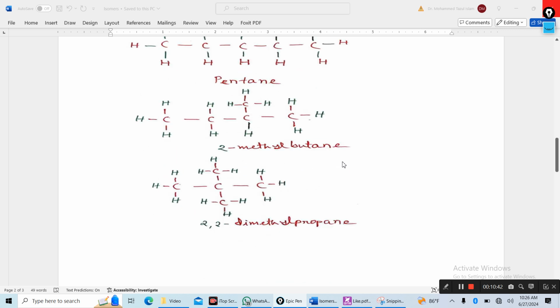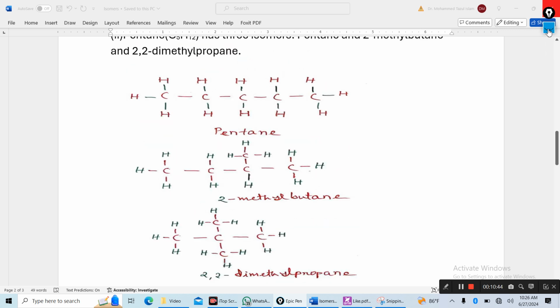And number 3, you see, the 3 carbon containing alkane is propane, but number 2 carbon contains 1 methyl group above and 1 methyl group below.